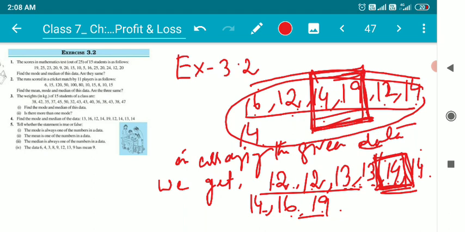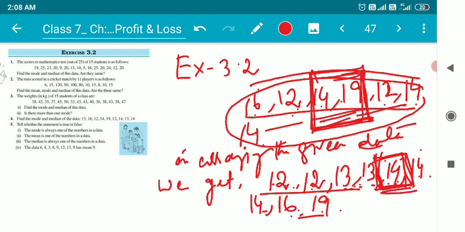In that case it comes in decimal, or something which is not matching with the data. So it is not always true.